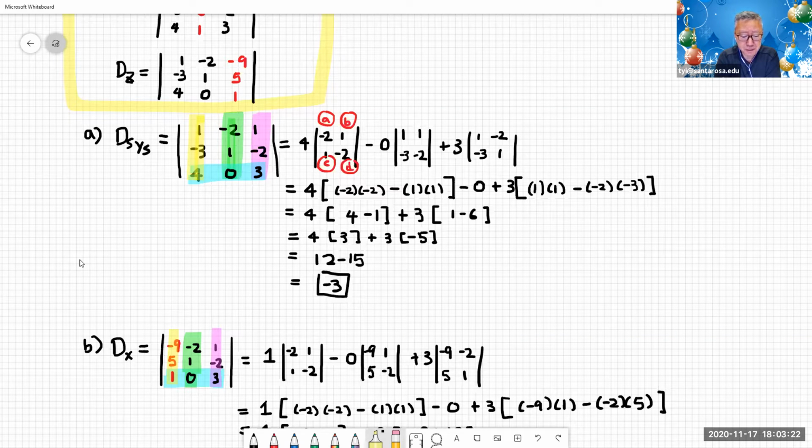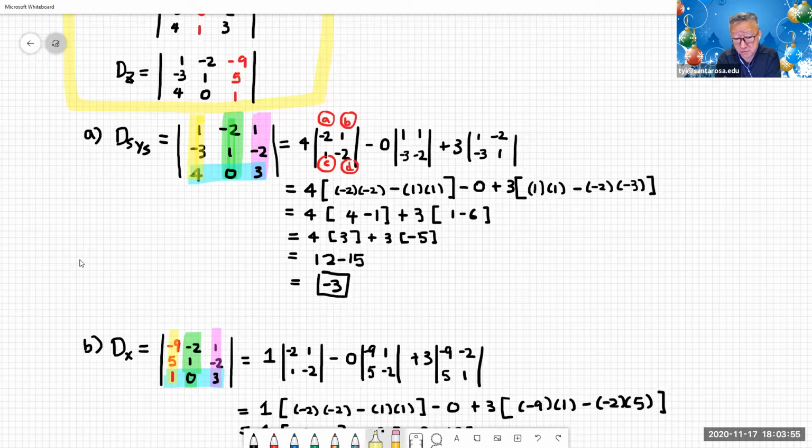Okay, and that's what we did when we were finding the determinant for the x, y, and z variables. If it's going to be a row, then you're going to go through column 1, then column 2, and column 3. As you go through each column, you're going to select the remaining entries and put them into the 2 by 2 matrix for that column.